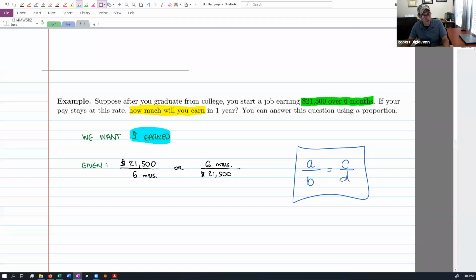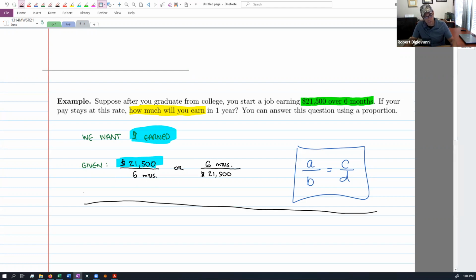So if we want to know how much money we're going to make, then the one we're going to choose is the one that has the money on top, which is this one, okay? So watch the way I write this. So I'm ready to start solving the problem here.